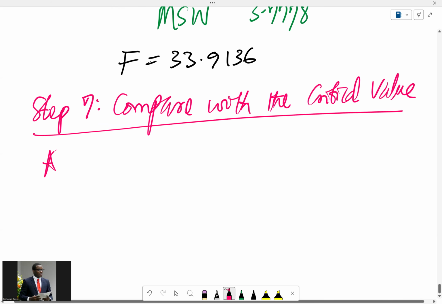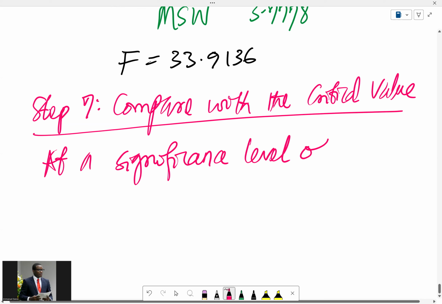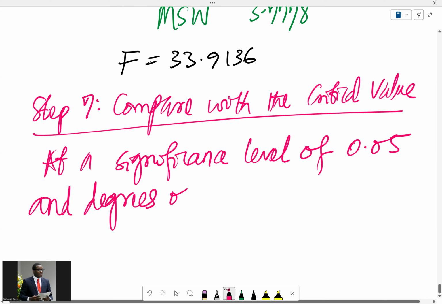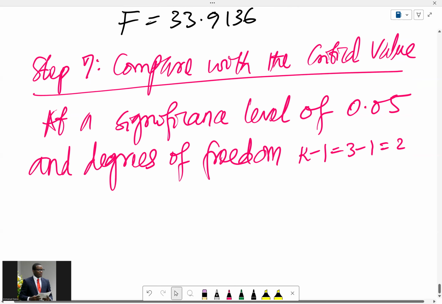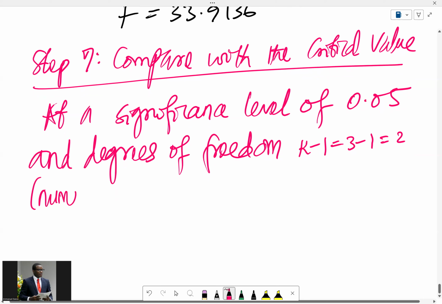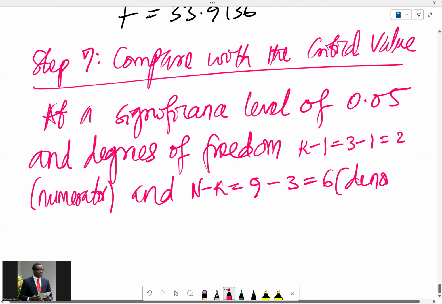At a significance level of 0.05 and degrees of freedom K minus 1, which is 3 minus 1, equal to 2 for the numerator, and N minus K, total observations 9 minus 3 groups, which is 6 for the denominator.